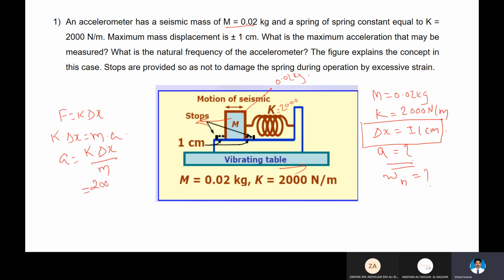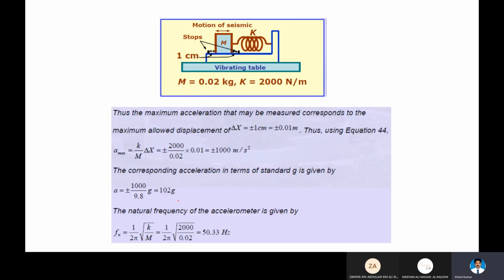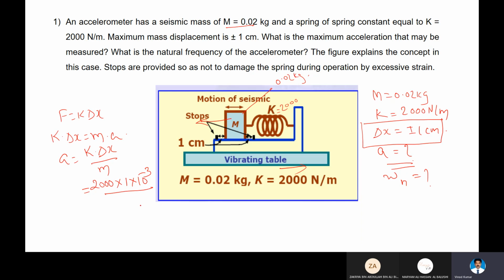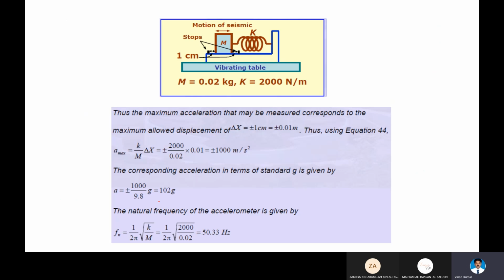K is 2000 Newton per meter times delta X is 1 centimeter. 1 centimeter can be converted into meter, correct? Divided by m. M is the mass, 0.02 kilogram. So using this equation, you can directly calculate acceleration.